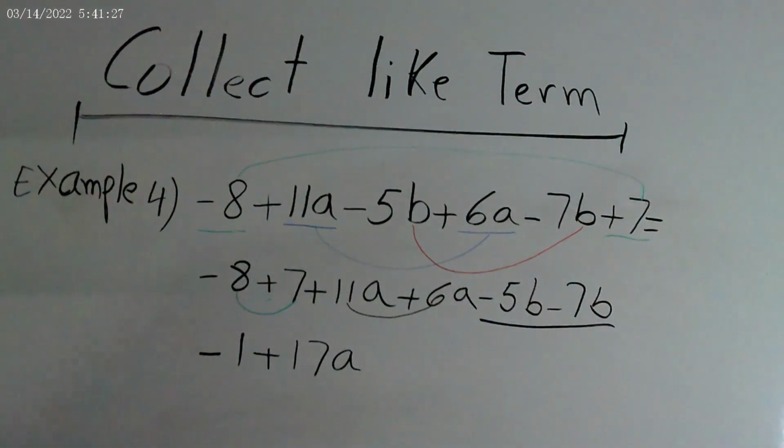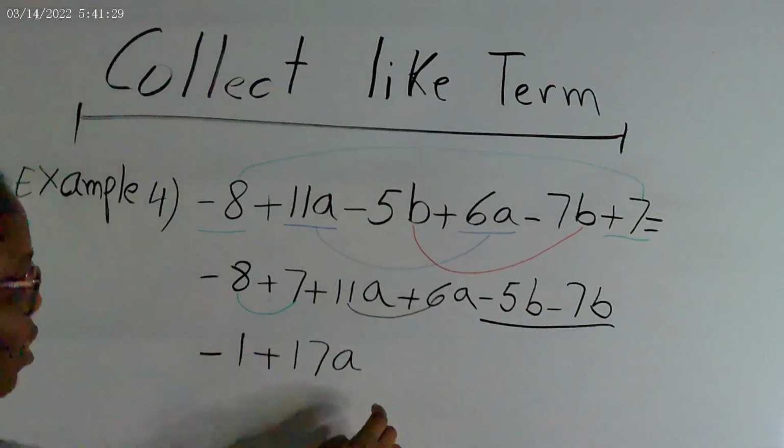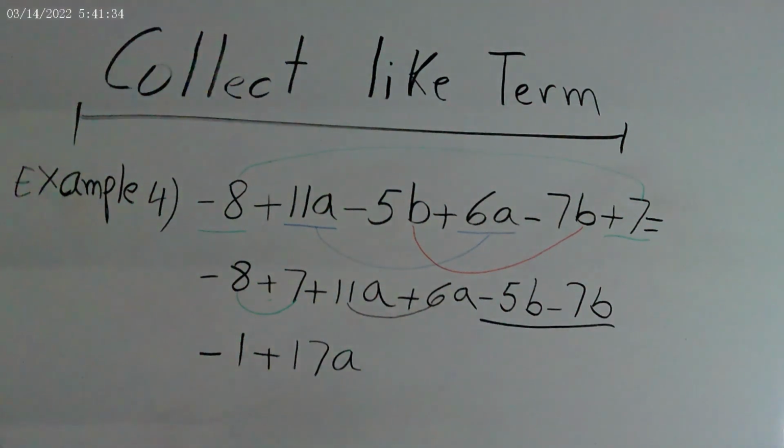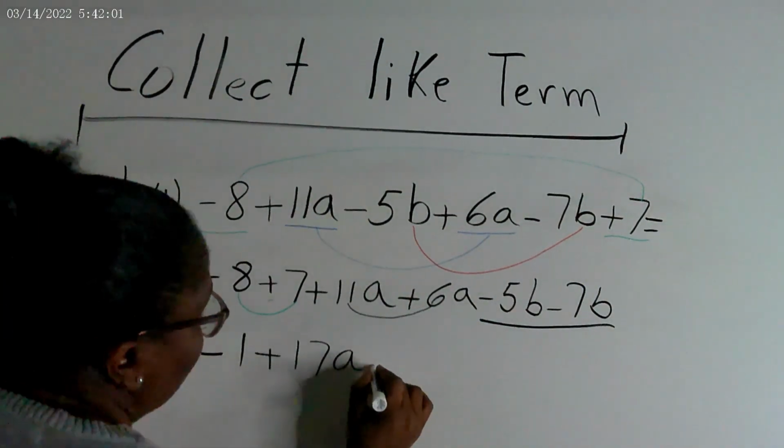Right here, you have the minus 5b and minus 7b. Because the signs are the same, you're going to add them and keep the sign. You understand? You add minus 5b minus 7b, and then you keep the sign, which is minus.